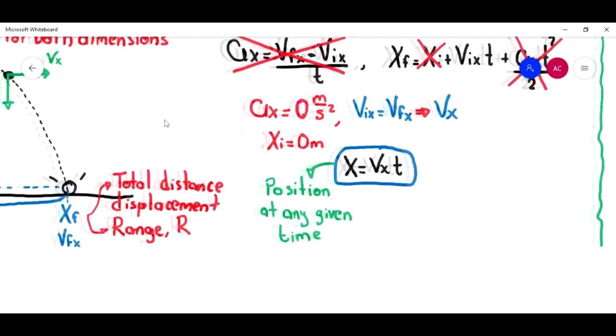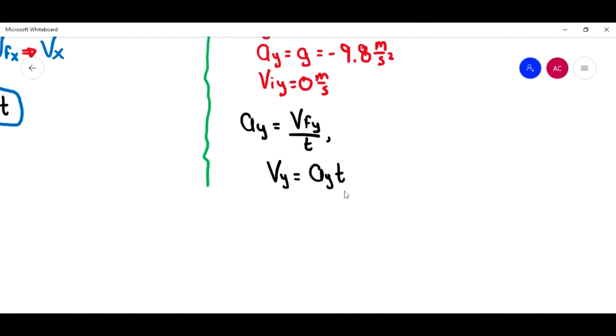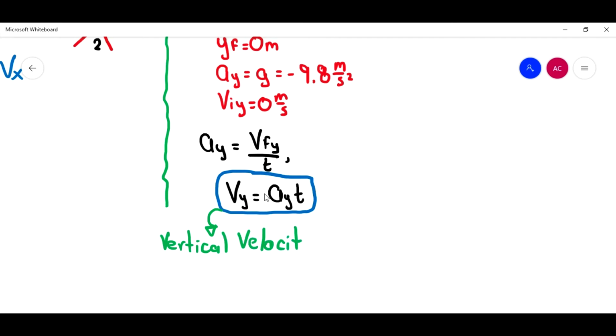The only thing I need to do is substitute the value of time, and the value of the acceleration will always be the same. So I'm going to circle this one, and you can write that this is the vertical velocity at any given time. Sometimes in problems they're going to ask you for the vertical velocity or the horizontal velocity at any given time.